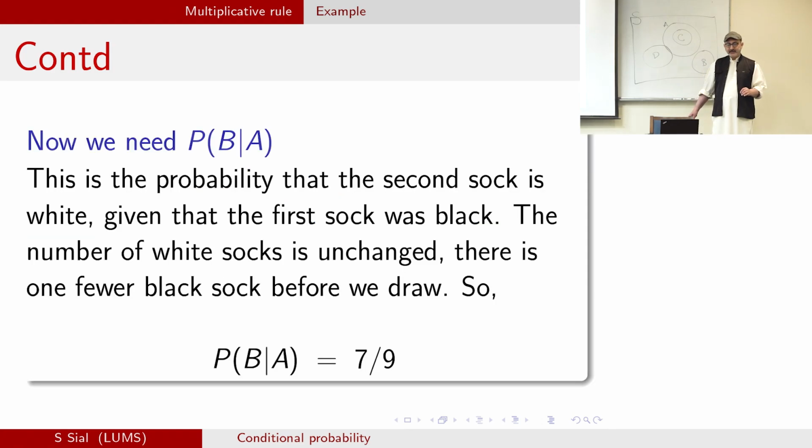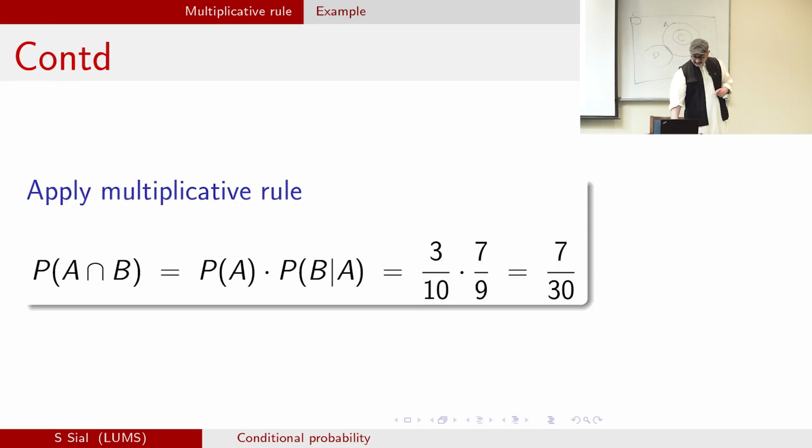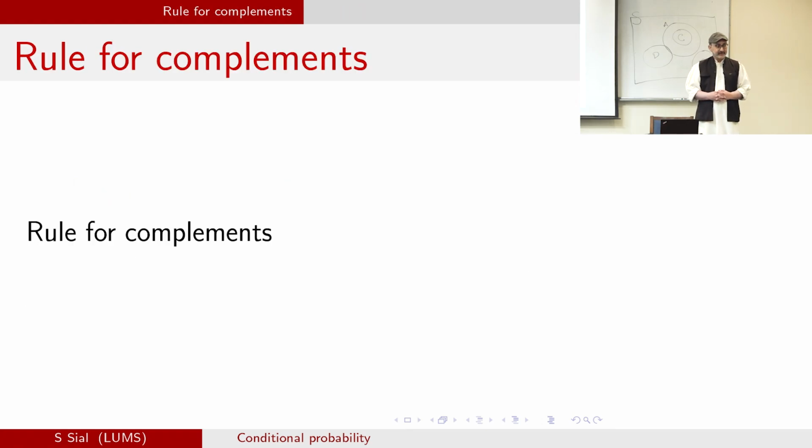B given A means I'm going to draw a white sock, but I've already drawn a black sock first. So I've got 9 socks left, and 7 of them are white. So that probability is 7 out of 9. Now the probability of the intersection is the product of those two probabilities: 3 out of 10 times 7 out of 9. I think that works out to 7 out of 30.